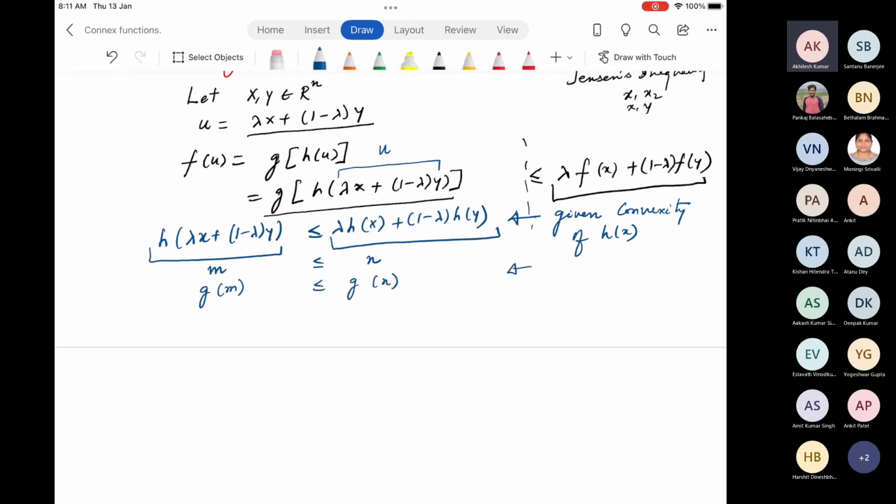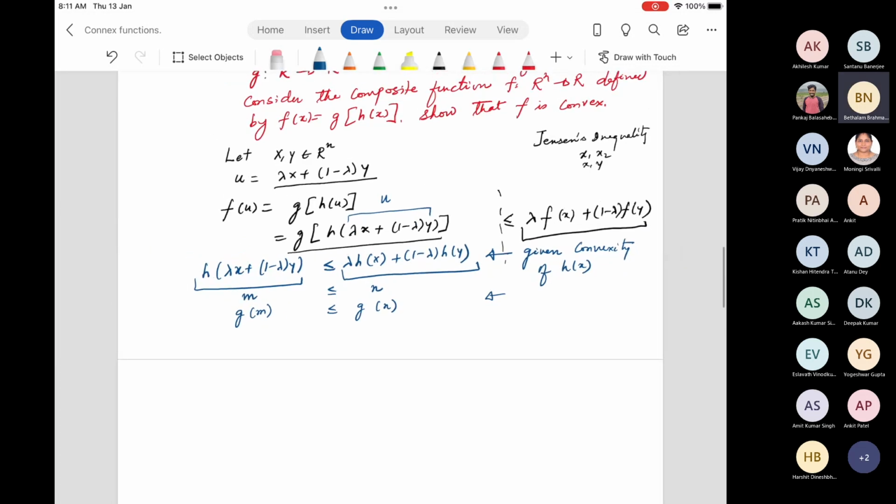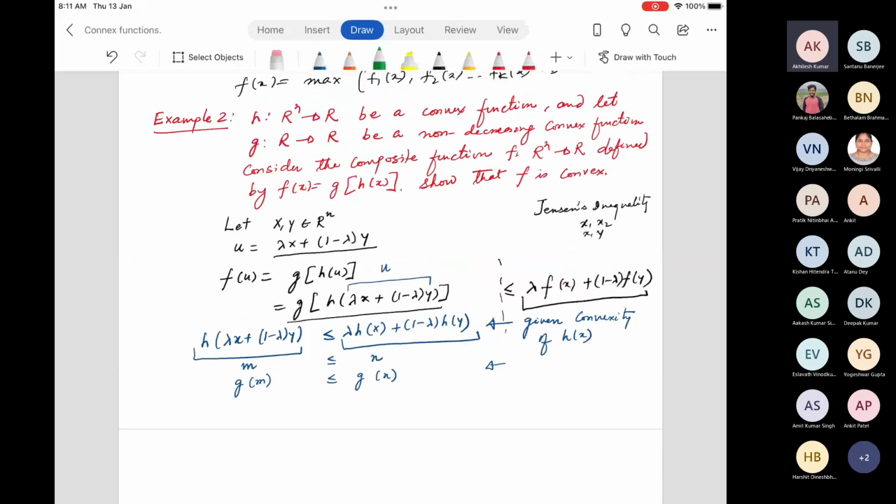Which property am I using? A non-decreasing convex function, it was given. As we know that g is non-decreasing, if this is my m and this is my n on the x axis and the function is going something like this, g of m will always be less than or equal to g of n. Why? Non-decreasing g.